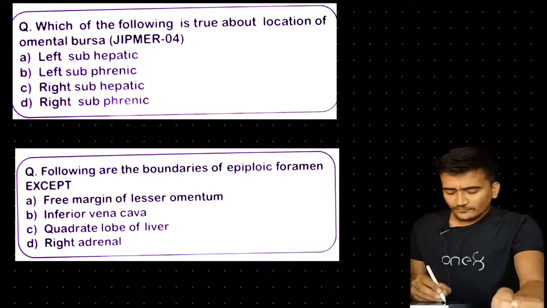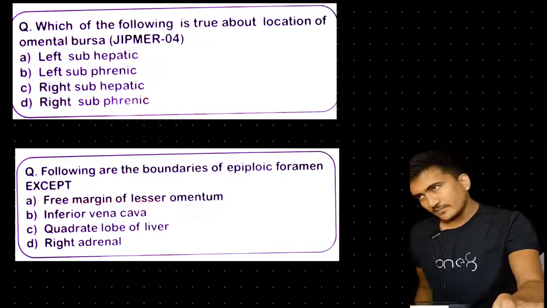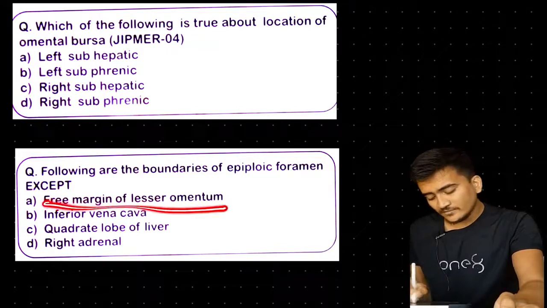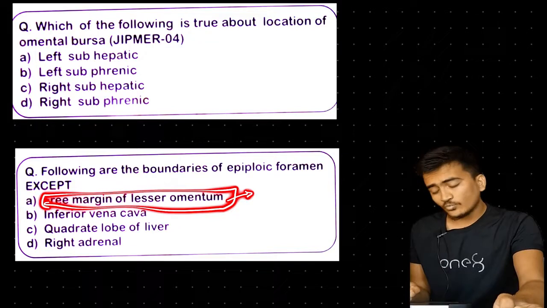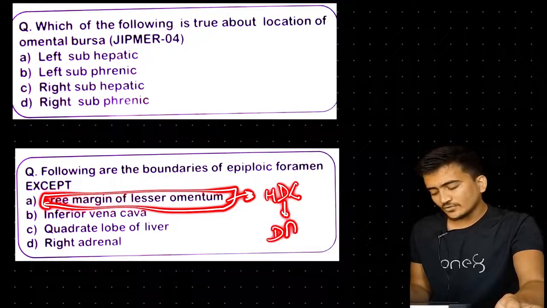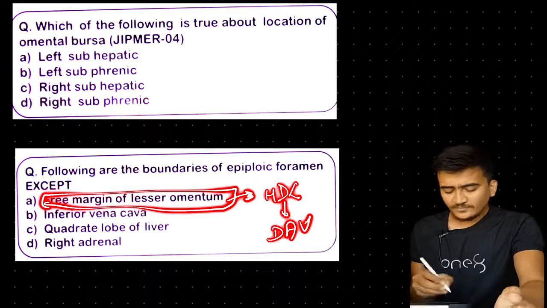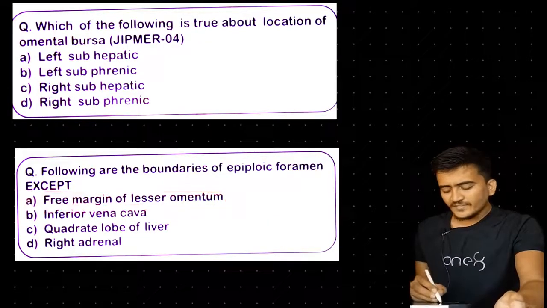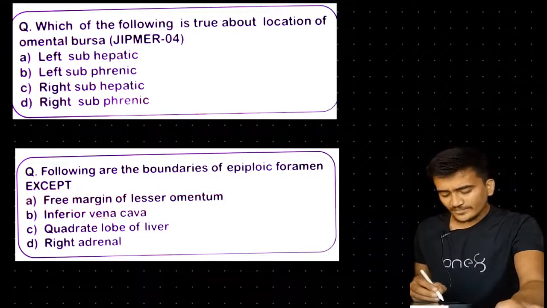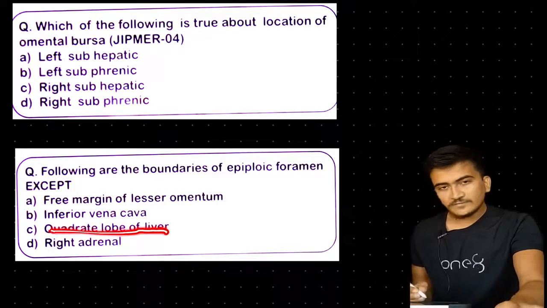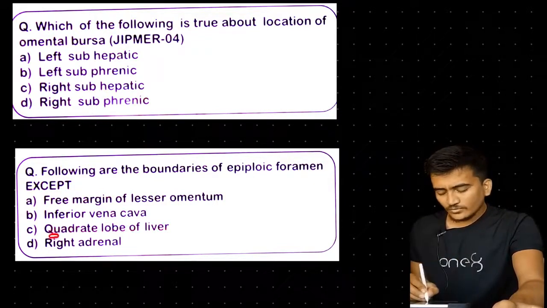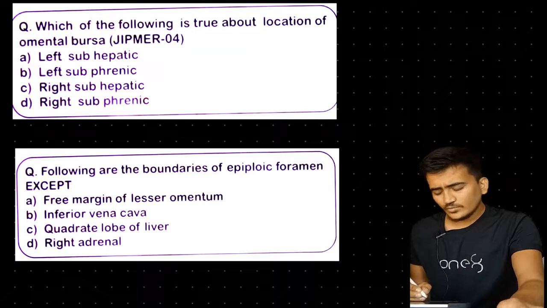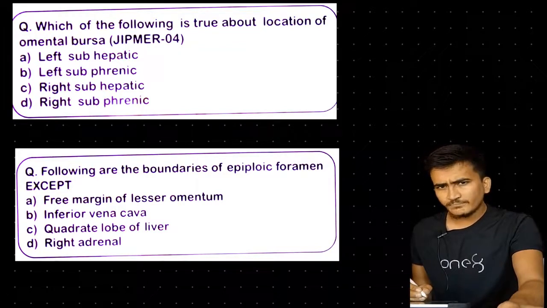Now the free margin of the lesser omentum is called the hepatoduodenal ligament, which consists of the DAV structures. So it is a right boundary and cannot be our answer. Inferior vena cava, yes, it is the posterior boundary. The quadrate lobe of liver is present behind segment 4B and is quadrangular in shape.